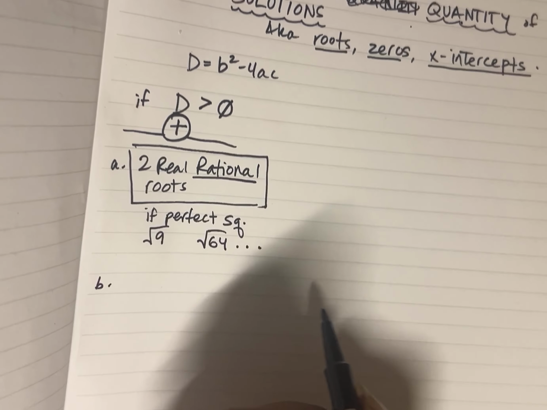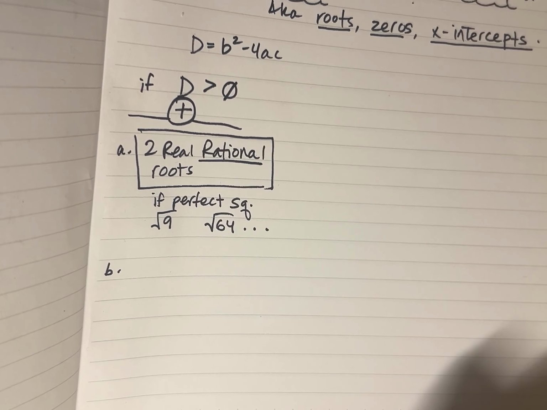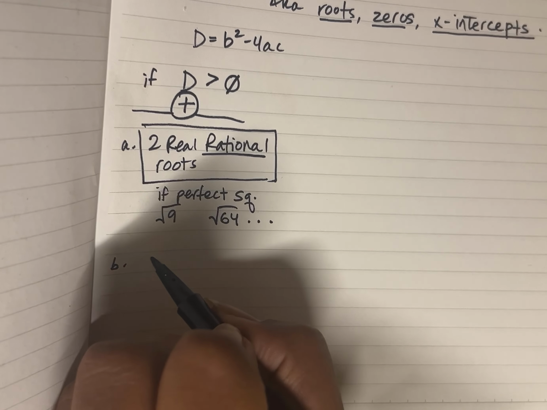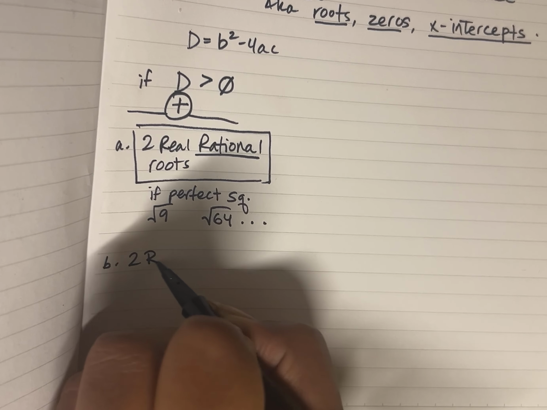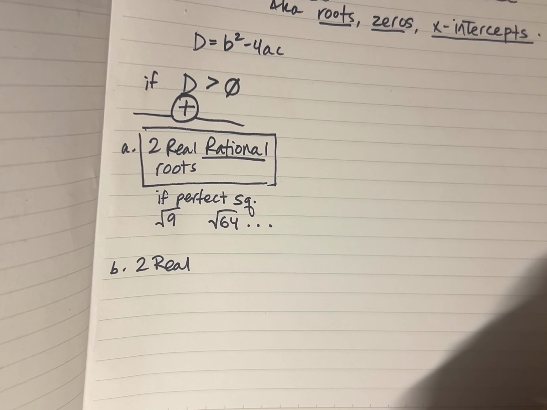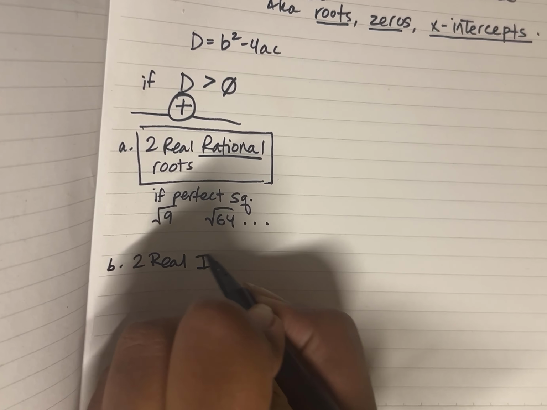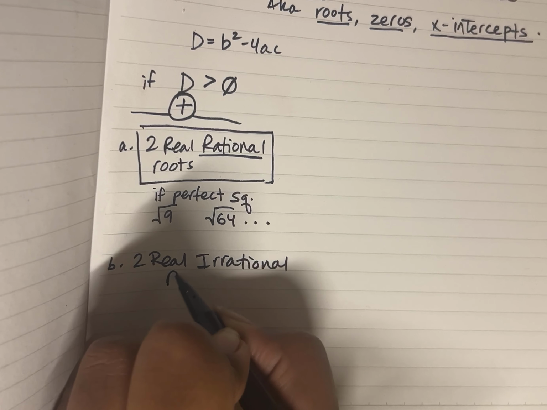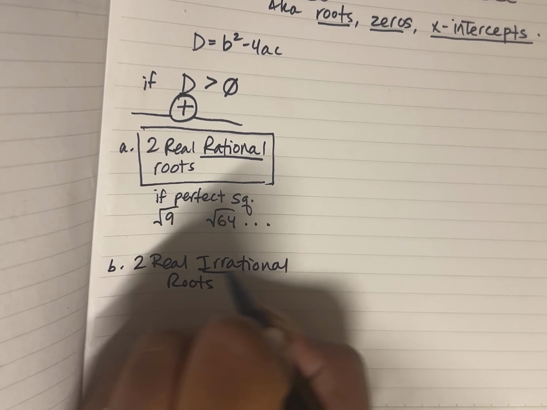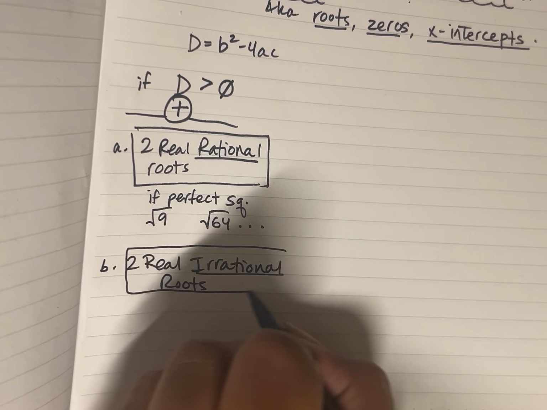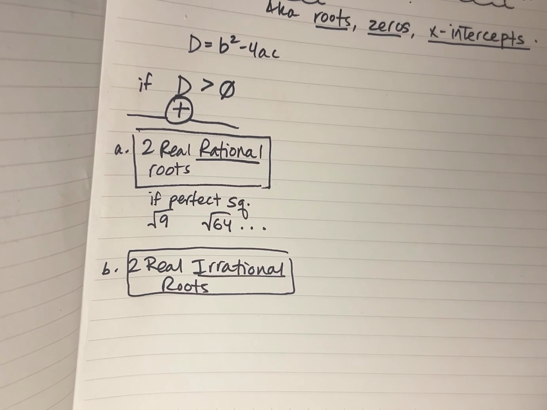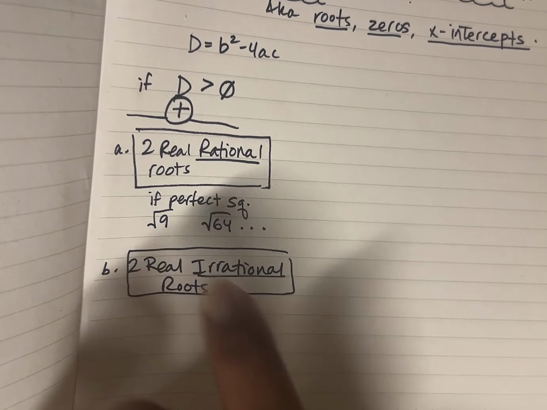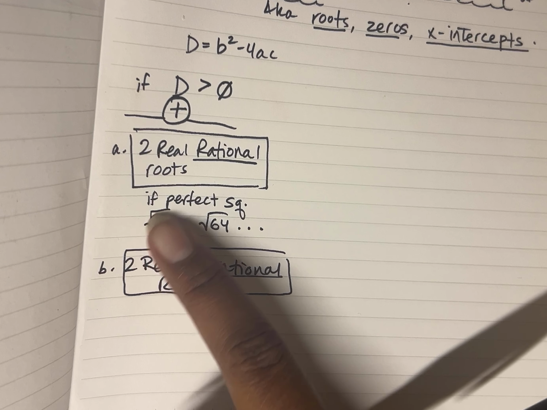And then the second option, if I get a positive answer for my discriminant, is 2 real, what's the opposite of rational? Irrational roots. Should I get a square root for my discriminant, by the way?